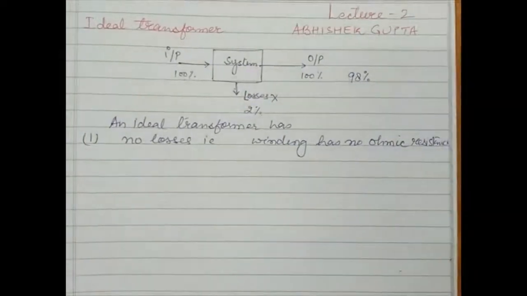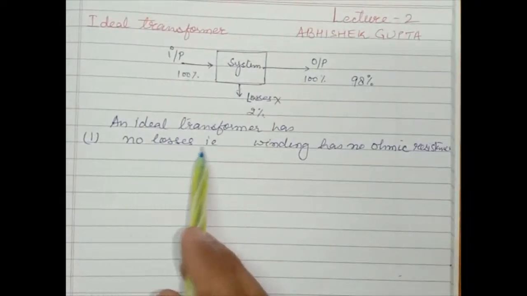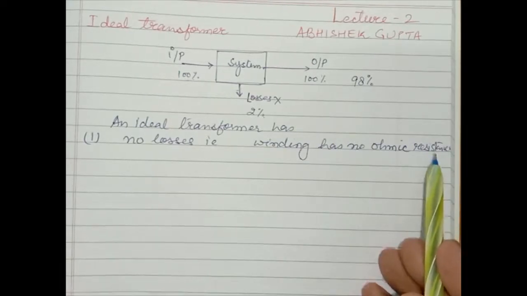Means an ideal transformer is one which has no ohmic losses.